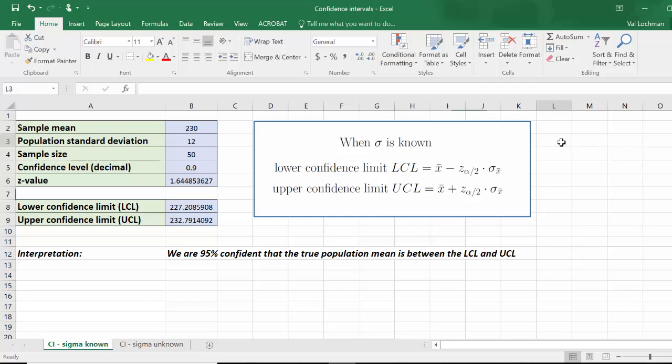So that's something very similar that we've already done when we were asked to construct a symmetric interval that contains, let's say, 95% of the middle data, right? So this should look familiar. Okay, over here, I've already created some commands that will let you do these computations very quickly. And all you need to do is just plug in numbers in these blue shaded cells.